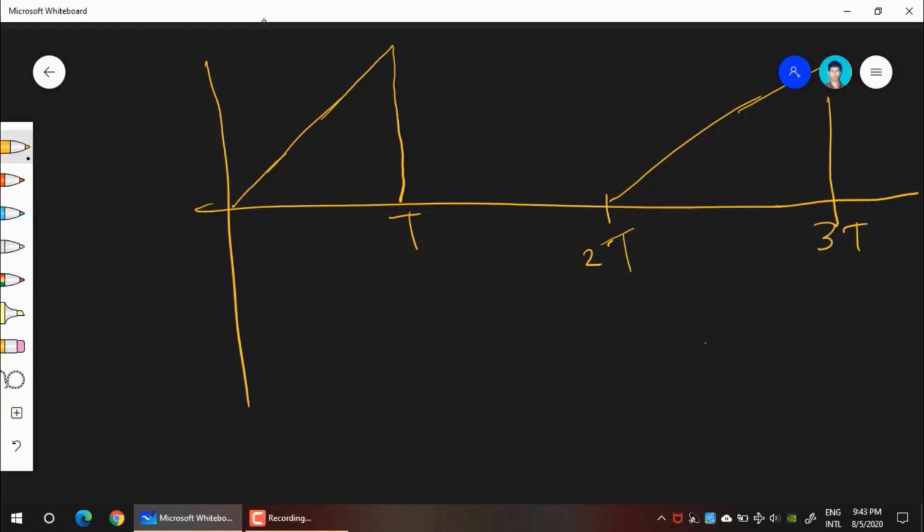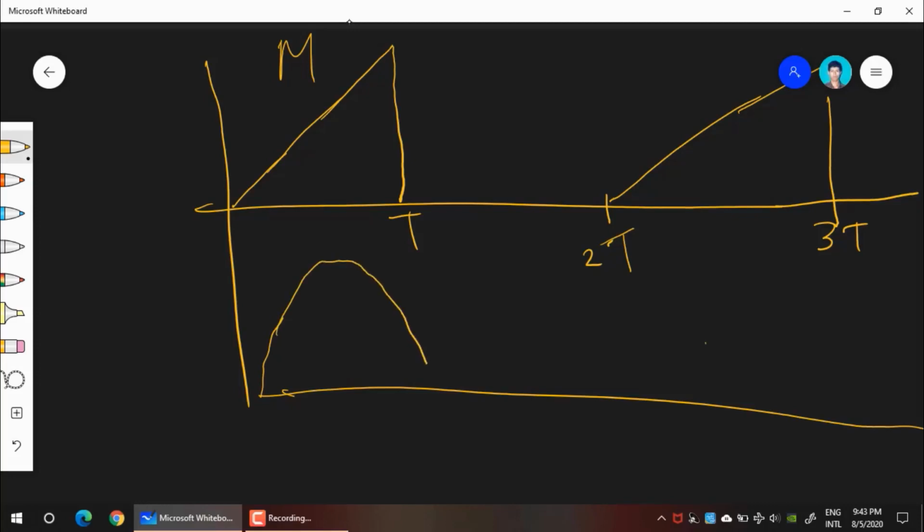Suppose this value is M. And here you will take another sine wave. I am just drawing freehand, it's not good looking.